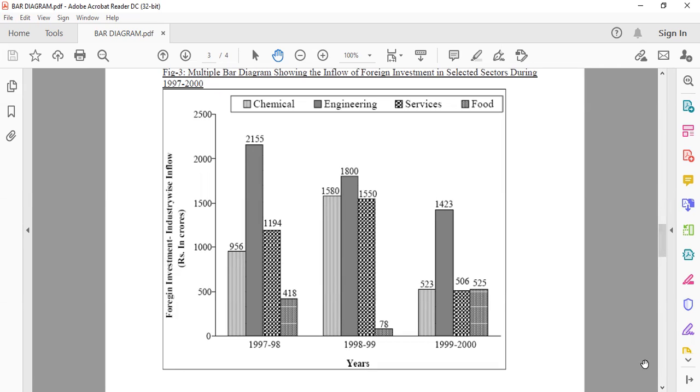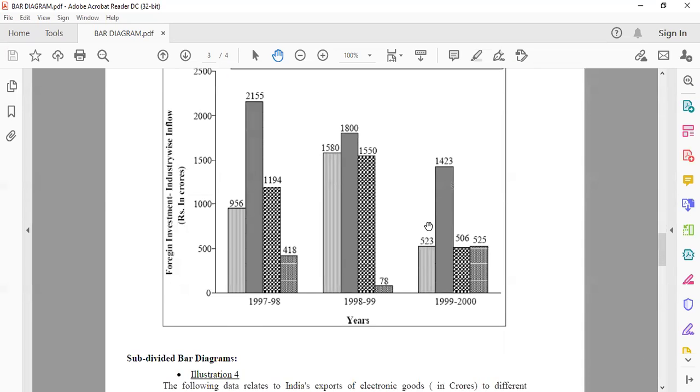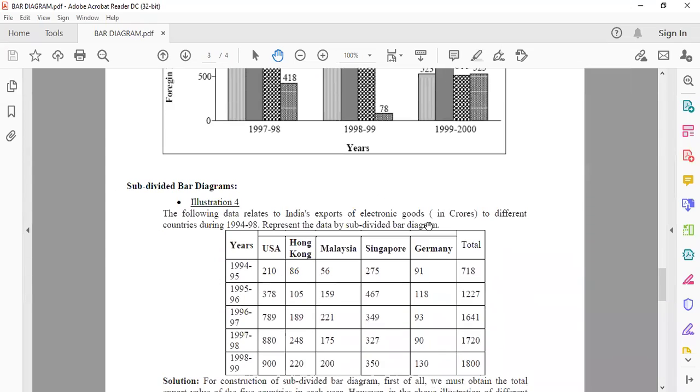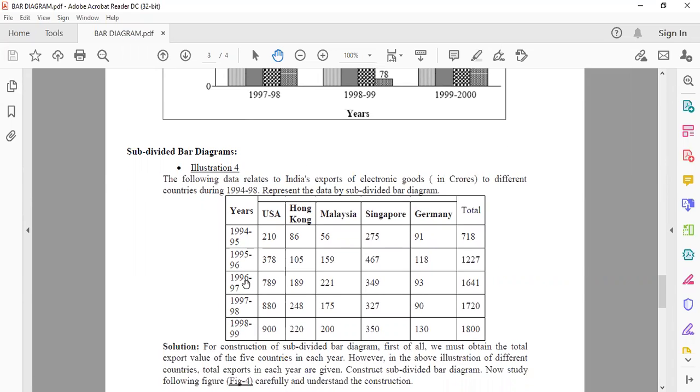Now the last case, that is the subdivided bar. Here again there are two variables; subdivided bar is used for bivariate data, not for univariate data. And here there are two types of variable: one is the year variable, another is the country variable.